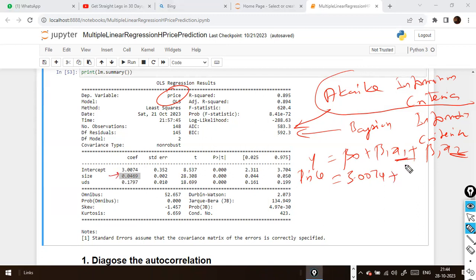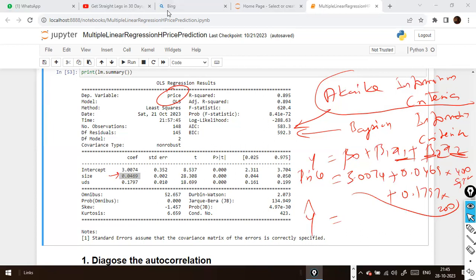This is the one, 0.0469 into 400 square feet, plus, sorry, this is beta 2. Beta 2 is your UDS, 0.1797 into x2, which is 200 square feet. If you add all the things, whatever you get, that is the estimated housing price. Y hat, they call it Y hat. Y hat means estimated housing price.